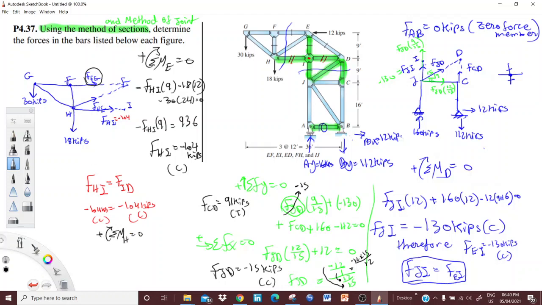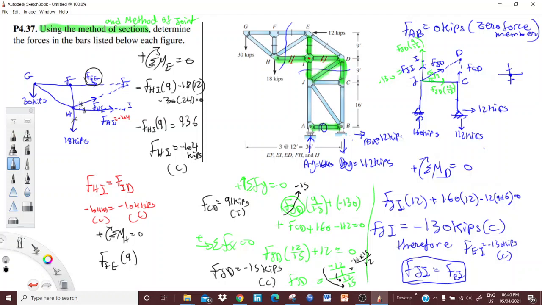So at h, I will exclude this and this and this, since they all pass through h. So I have Fe clockwise times 9.